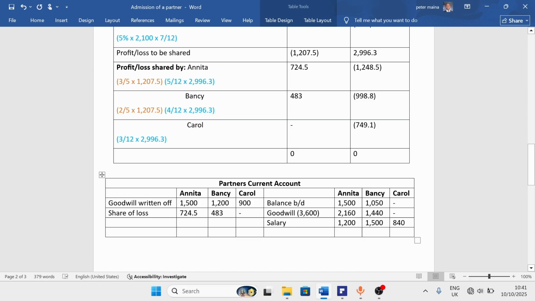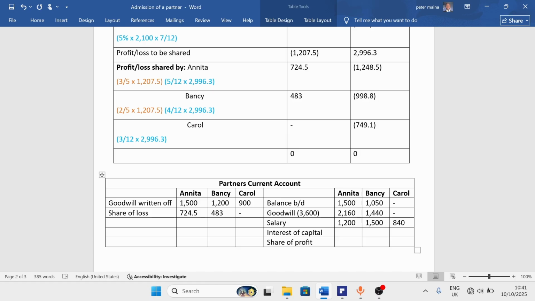On the other side, we have share of profit. We have also skipped interest on capital. So we have interest on capital and then share of profit. Now we have the three partners because it was for the last 7 months.